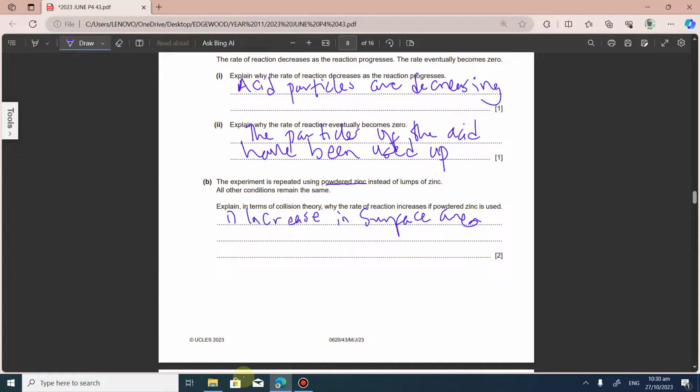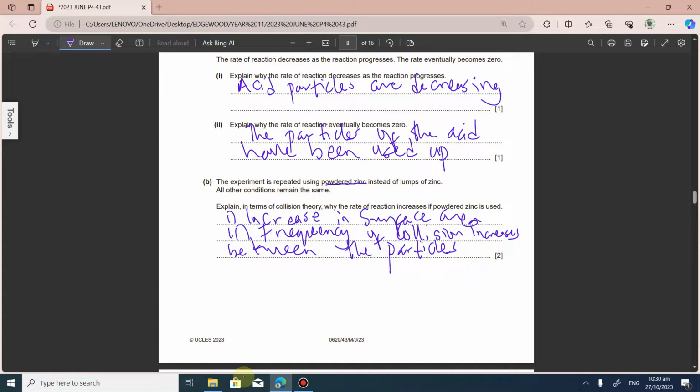Since there's an increase in surface area, the frequency of collision increases between the particles. So there is more frequency of collision between the zinc particles and the acid particles. That is why the rate of reaction increases.